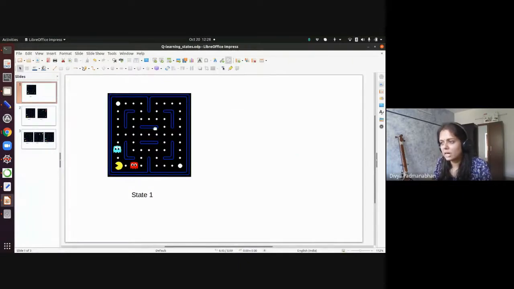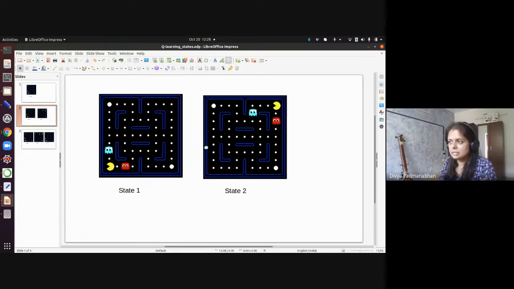Suppose this is one state in a Pac-Man game. The state is characterized by the positions of the food, Pac-Man, and the ghost, and there are so many parameters. In our first class we saw that there can be a huge number of states. Now I'm going to show you one more state here.